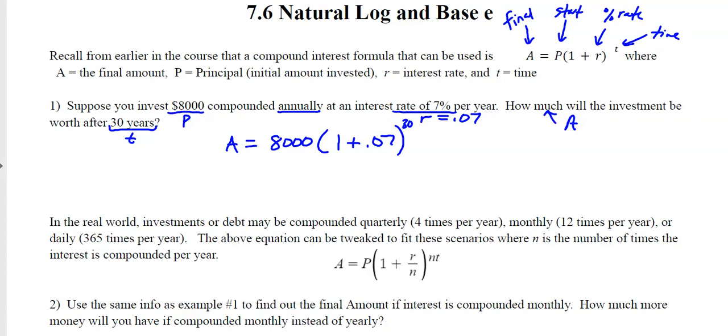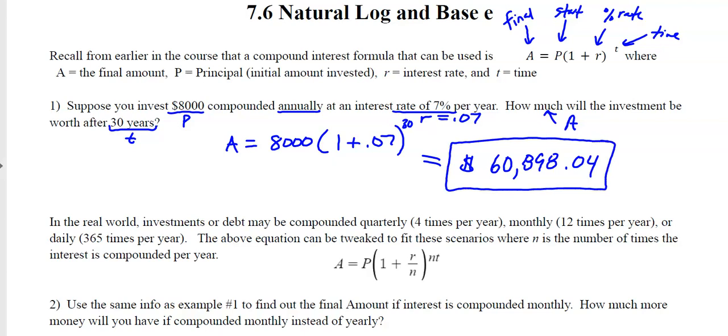If you don't touch this money and you could earn 7% a year, which is roughly what they say the stock market does, 7 or 8% a year, you would have $60,898.04. That's a lesson in why you want to invest as early as you can and let time compound it. It's a substantial amount of growth from 8,000 to 60,000.